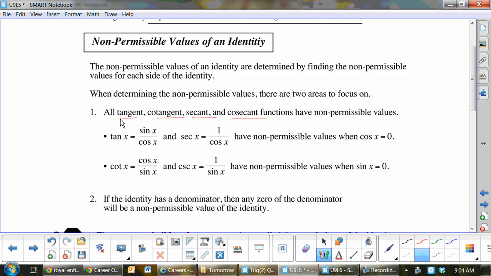Now, if you look at tan x, when can you not do tan x? Well, tan x equals sine over cos x, right? So it would be really bad if cos x equals 0. Now, cos x does equal 0 sometimes. When does cos x equal 0?